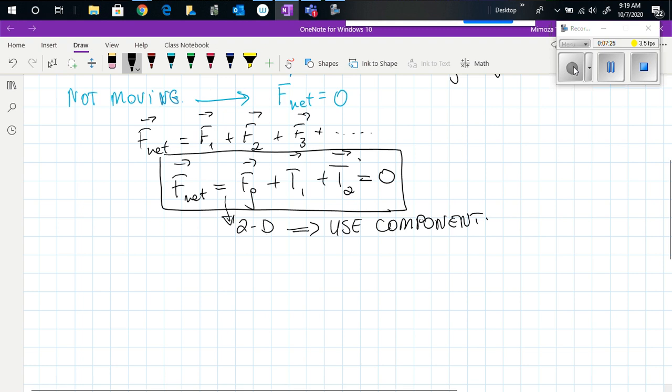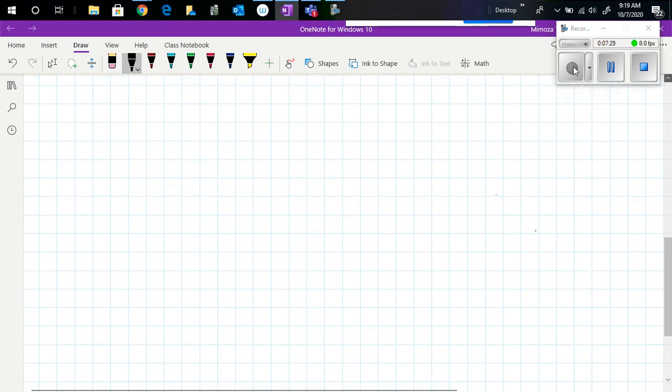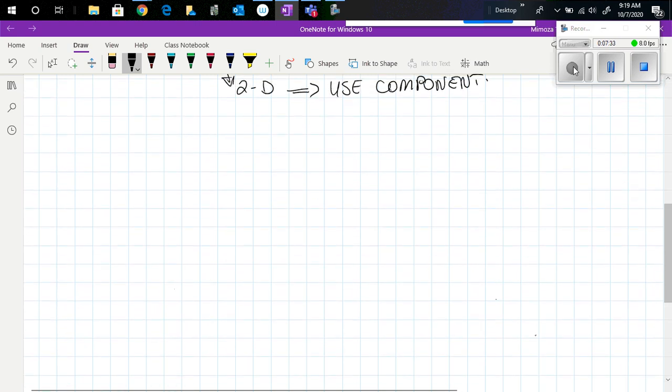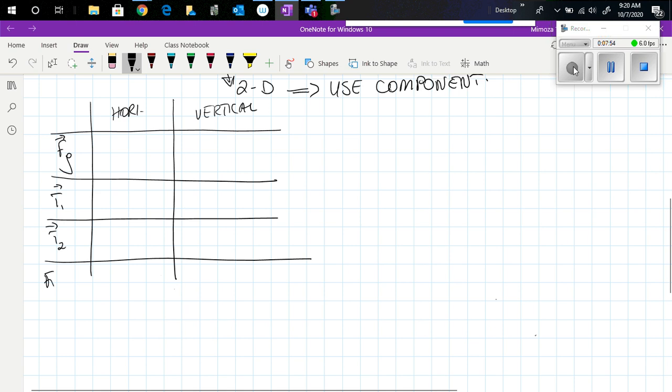We will create the table where the horizontal and vertical component of each vector is plotted. So each of the vectors, horizontal and vertical: we'll have force of gravity, tension 1, tension 2, and force net.